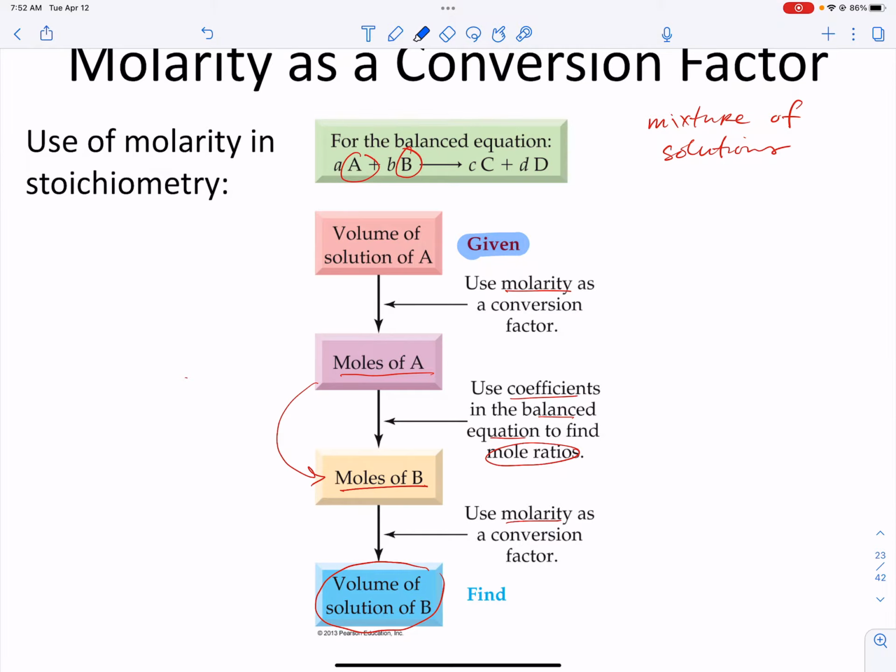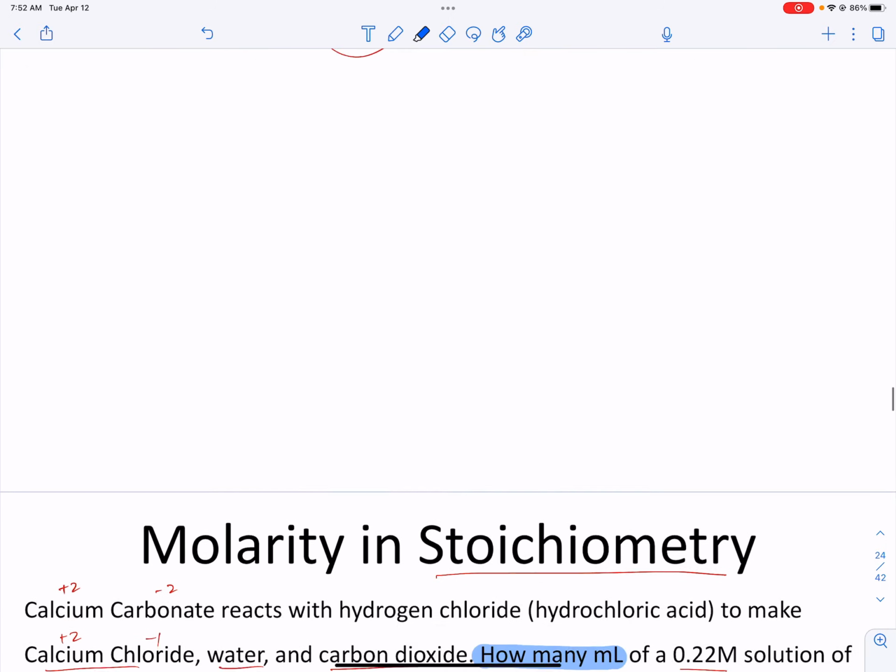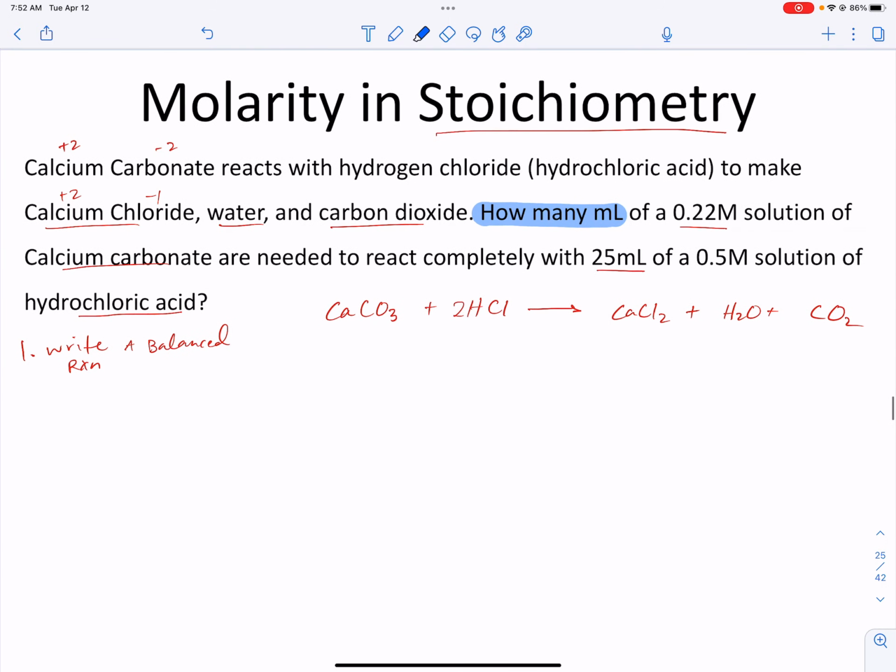Now, it says start with the volume of solution A, okay? The only reason it's saying A here is because it's trying to get you to think about this generic reaction up here. We don't have any A's or B's or C's or D's in our equation. We have actual molecular formulas. So I want you to find the one volume that you're given and write that down. That's what you're going to start with.